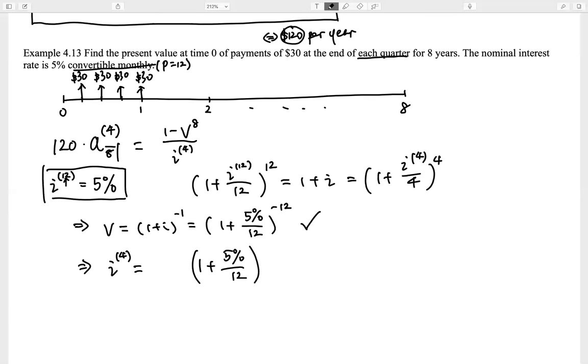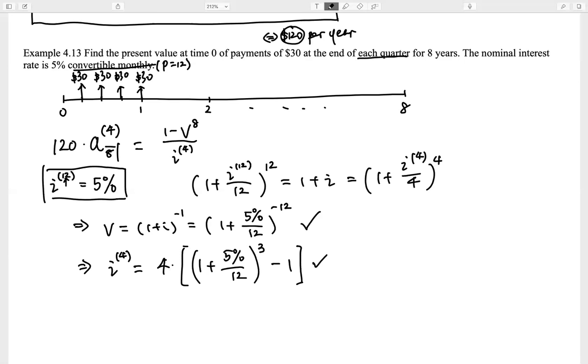Now it would be 12 divided by 4, so it's 3. It has its own meaning, right? Because inside the bracket is the accumulation for 1 month. 1 quarter has 3 months. So that's why I raised to the power of 3. It's the end of the 3 months, at the end of 1 quarter, minus 1, times 4. Right? So that's what I have. Okay. You can do the calculation.